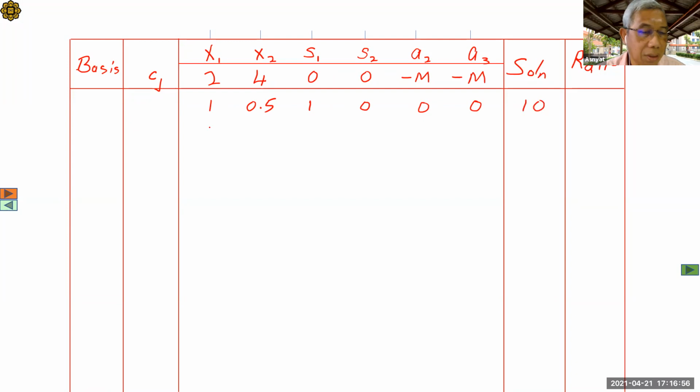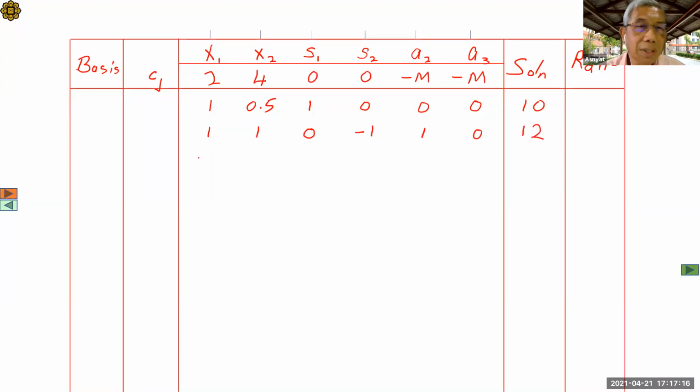The next one is 1, 1, 0. What's this one? Negative 1, 1, 0, 12.